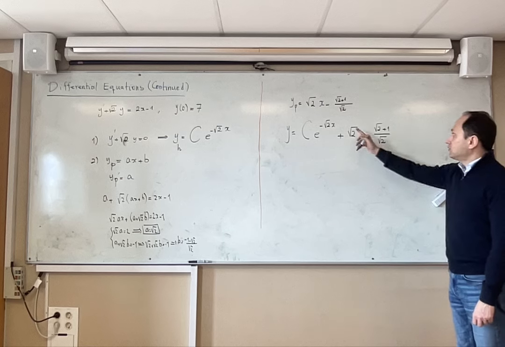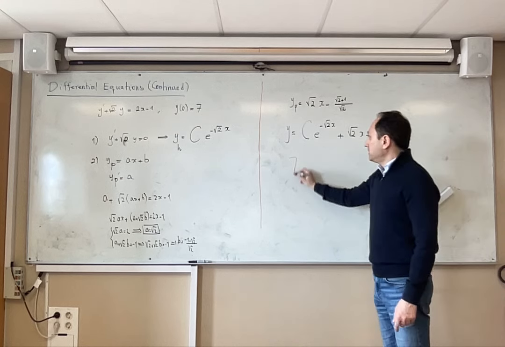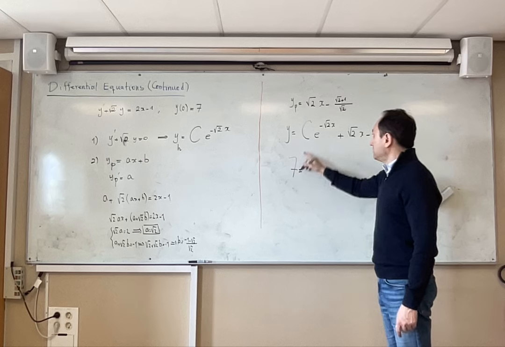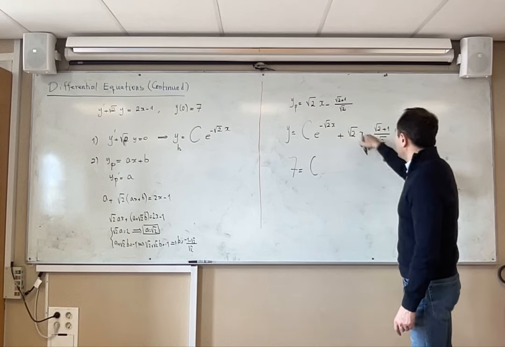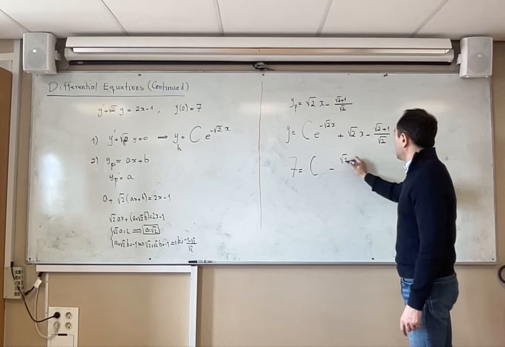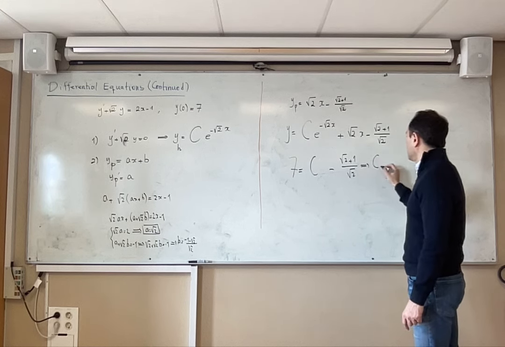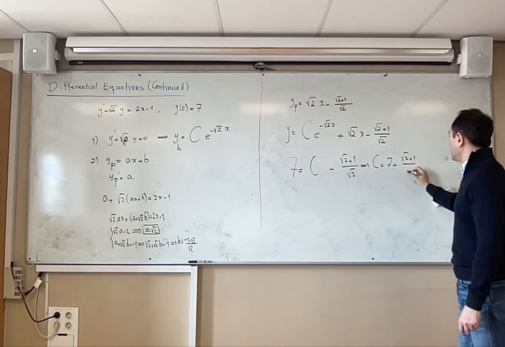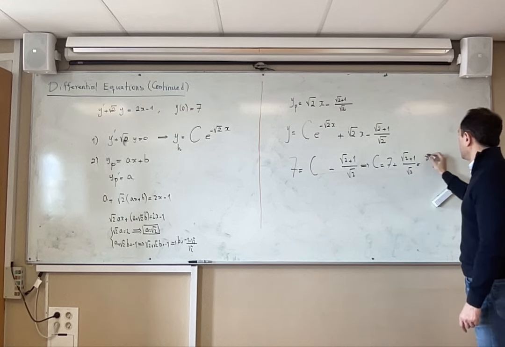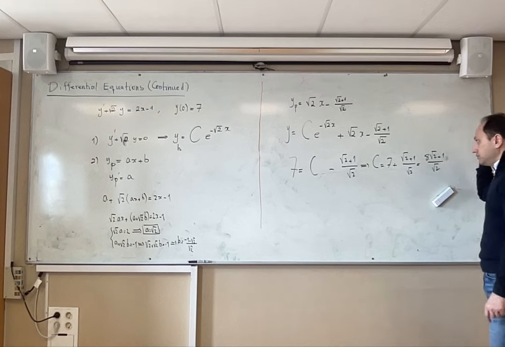So I'll put 0 for x, the output should be 7. So 7 becomes equal to c, because if I put 0, it becomes 1. This will vanish. Then this becomes a little bit of a strange number, but don't worry about that. So c becomes what? 7 plus square root of 2 plus 1 over square root of 2. If I take the common denominator, it becomes 8 square root of 2 plus 1 over square root of 2.